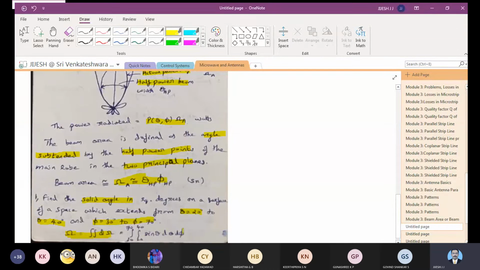What is d omega? Sin theta d theta d phi. Try to simplify that. All of you know integration, you put the limits. It is sin theta d theta d phi, phi ranging from 30 to 70, theta ranging from 20 to 40. Do the integration for that.